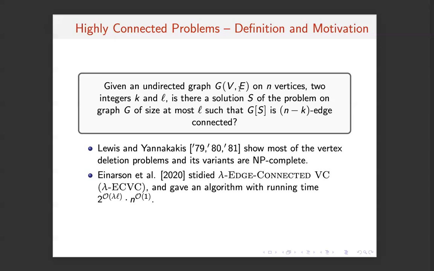Basically, the problem asks whether there exists a solution of size l such that it induces a lambda edge connected graph. For our case, lambda is n minus k, and substituting lambda l with n minus k, we get n minus k all squared. So this is an exponential time algorithm, and it won't work for our problem.